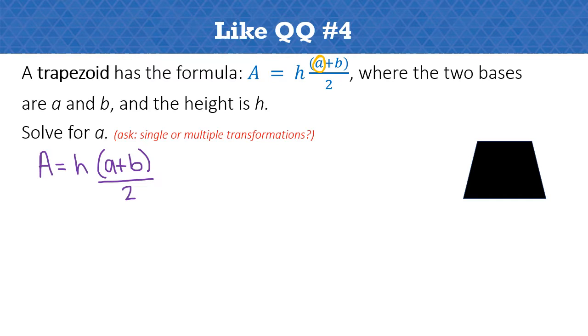Okay, so we've talked about this before. If we have a whole number like this h times a fraction, the whole number gets multiplied times the numerator. So this is kind of like h times a plus b, all divided by 2. The first thing we can get rid of is we're multiplying the h and we're dividing by that 2. We can multiply both sides by 2.